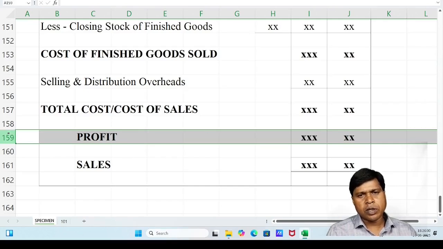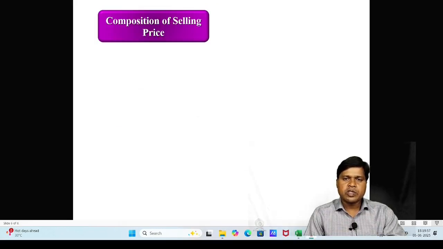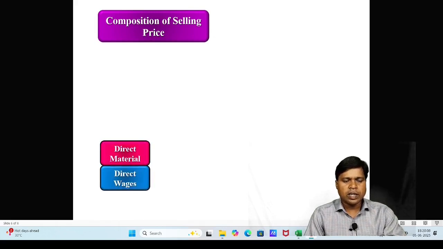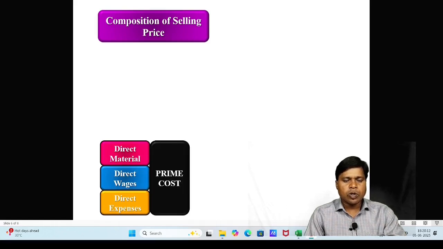Now after these specimens, we have to apply this format in practical problems. Student, after specimen of cost sheet or cost statement, now we have to consider the actual composition of selling price. You can see the screen. On screen, direct materials, direct wages or direct labor, then direct expenses. Total of these three is prime cost.